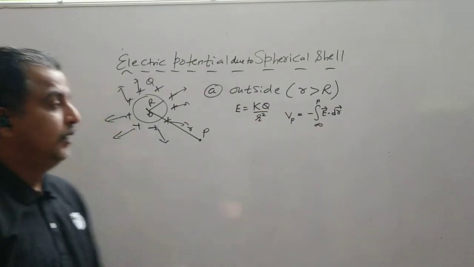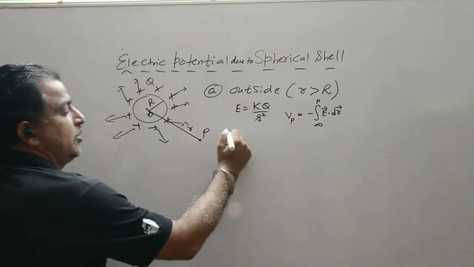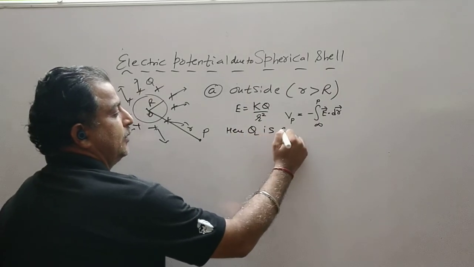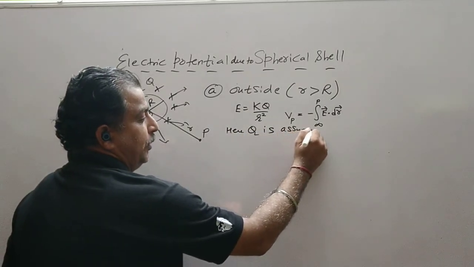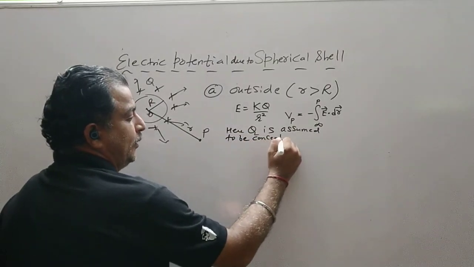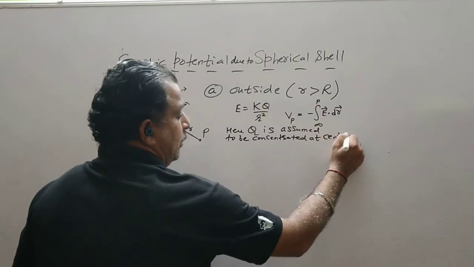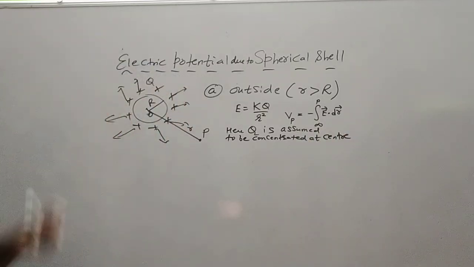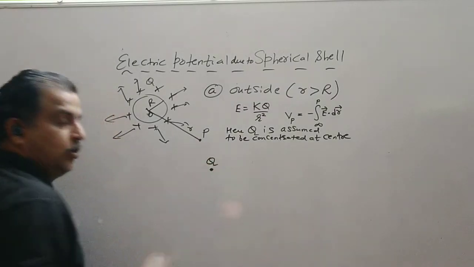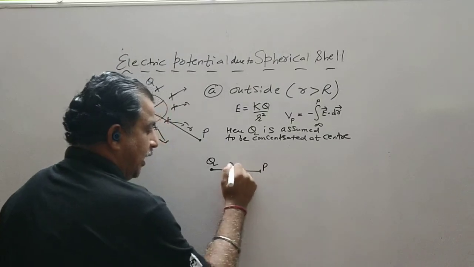But instead of doing this integration, here the charge Q, capital Q, is assumed to be concentrated at center, and it becomes a point charge Q. Now our point P is at a distance r.